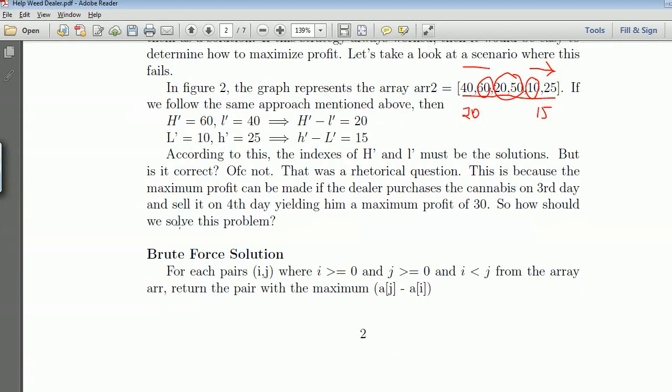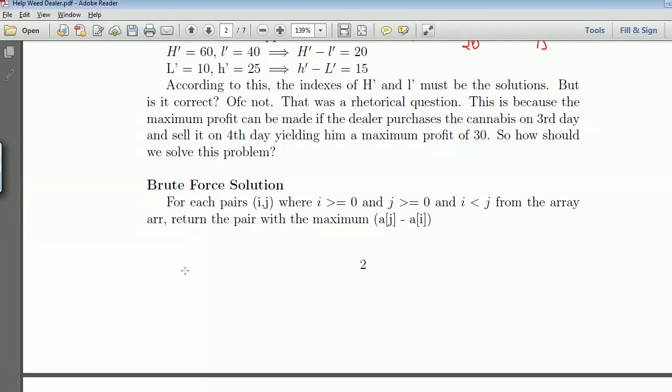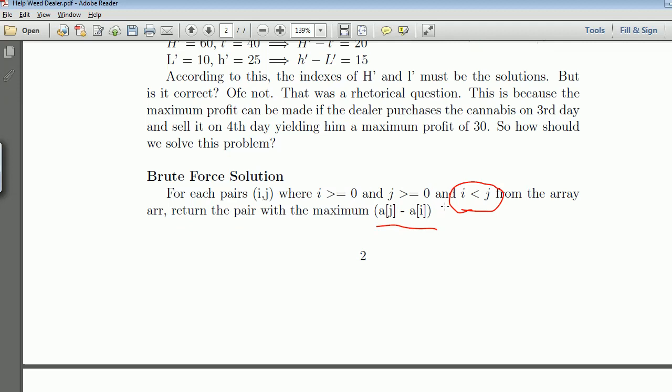Okay, so a brute force solution to this problem would be to compute all pairs, so for each pair i, j from the given array, we return the pair with the maximum difference, and here there is one condition, i less than j, which means that if i is at 0th position, we should only take all the indexes that occur after 0, and if i is at 5th position, then we should take all the indexes that occur only after 5th position, right?